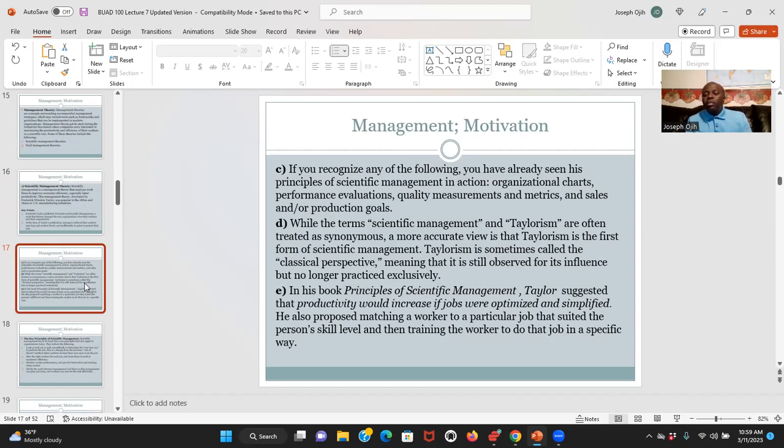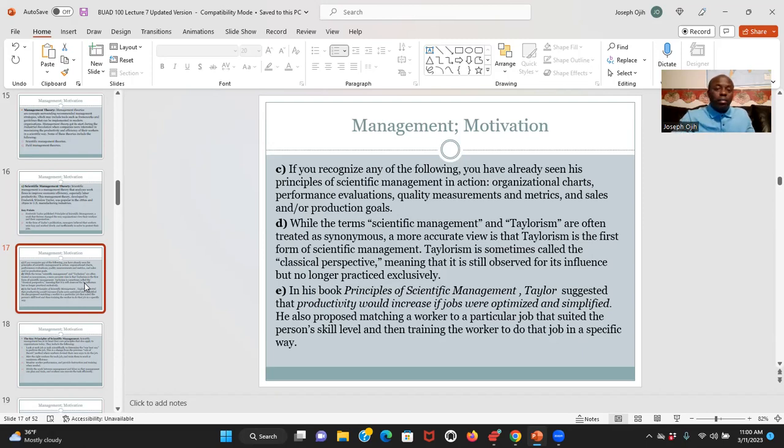When we say scientific management and Taylorism, we say that they are similar, but a more accurate view is that Taylorism is the first form of scientific management. Like I said, he came in with this publication and changed the entire management world.